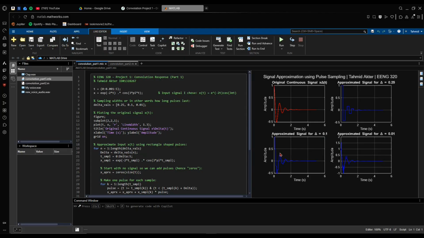It's a little bit more accurate, but not as accurate as when we move on to 0.01, where it starts reaching that continuous integral and our original signal. So this is what we expected mathematically.